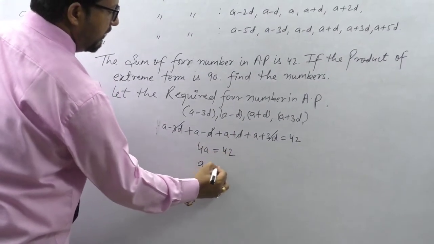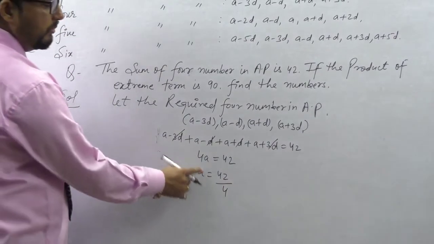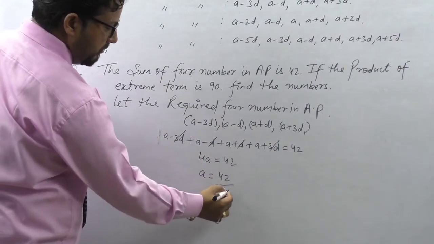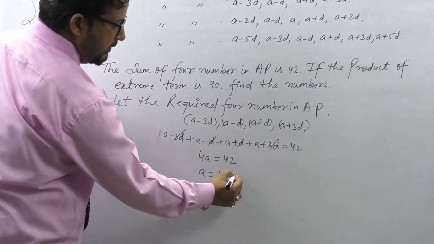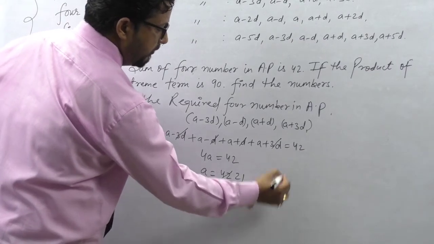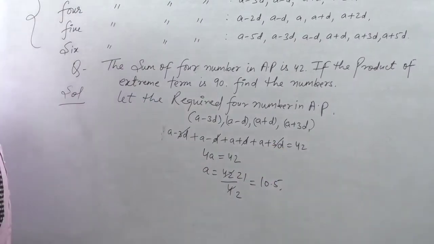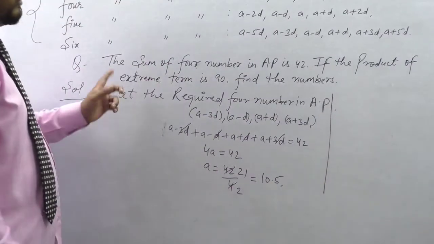So 42 upon 4: dividing, it comes to 10.5. So you got the value of a as 10.5.